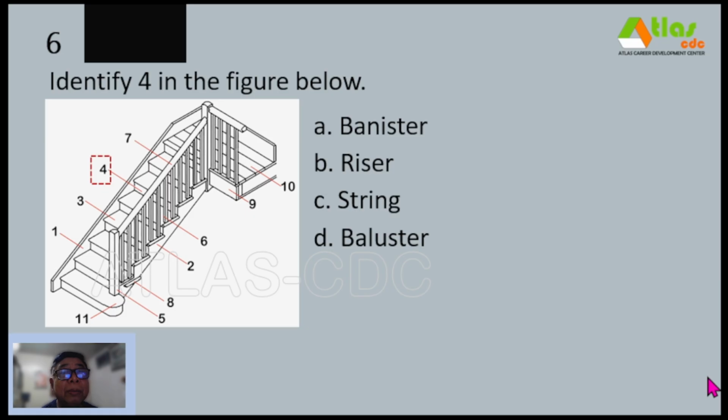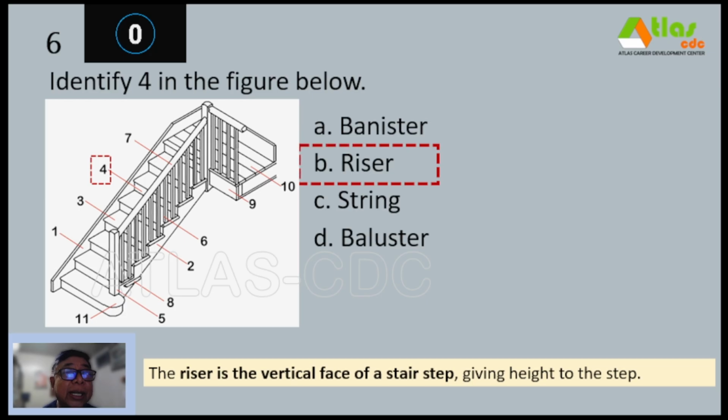Number 6, identify for this one in the figure below: A, banister; B, riser; C, string; and D, baluster. And our correct answer is letter B, riser.